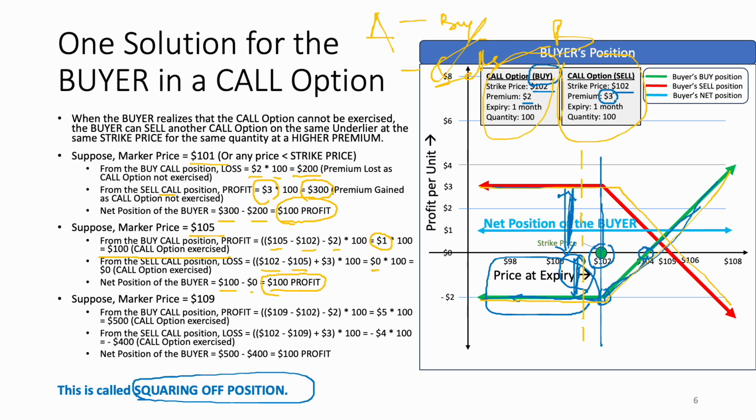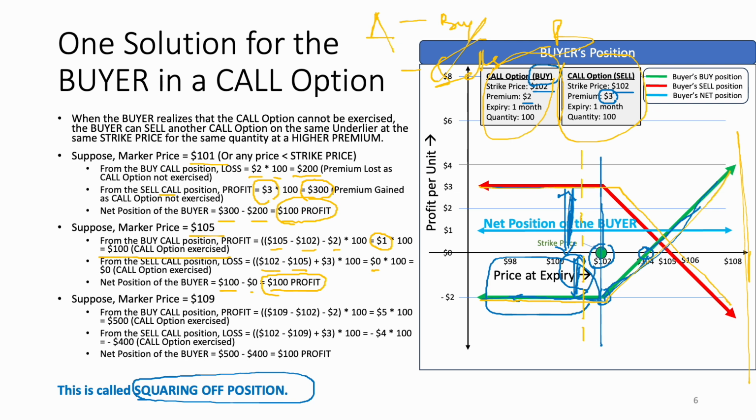Let's take a third and a last case because that will be sufficient. Supposing the market price goes to $109, somewhere here. In this circumstance, again, A will exercise the call option because the market value is greater than the strike price.